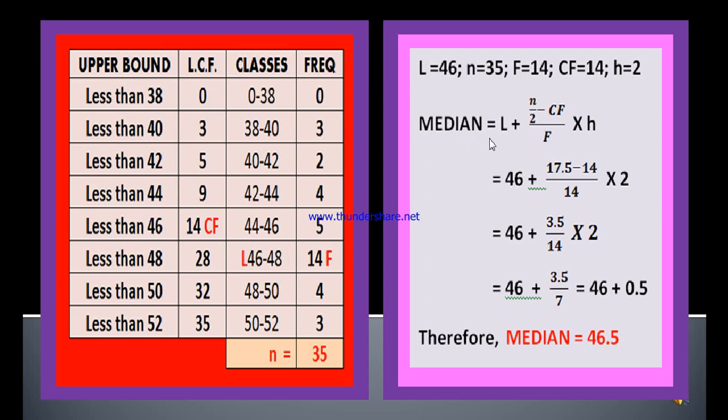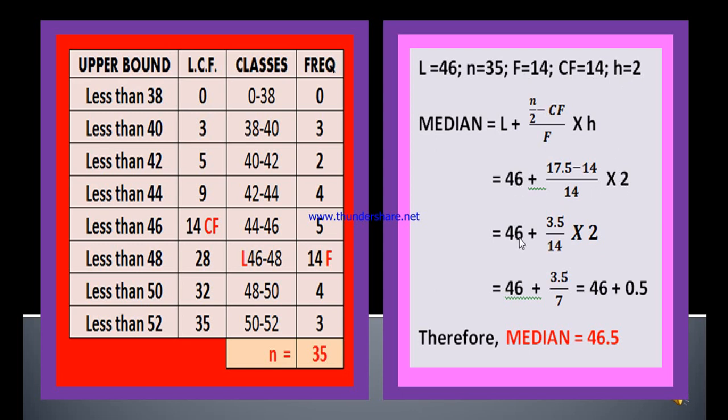Now let us write the formula for median: L plus (n by 2 minus CF) by f into h, in which you can substitute these values. L value 46 plus n by 2, 35 by 2, 17.5 minus CF 14, by f which is also 14, into h which is 2.